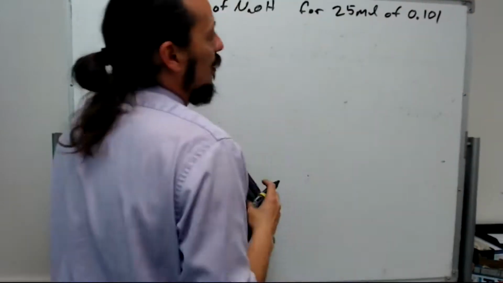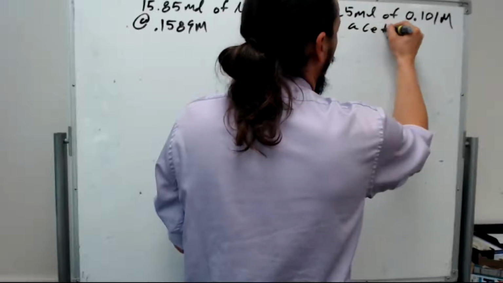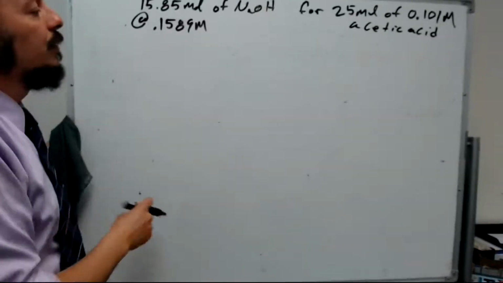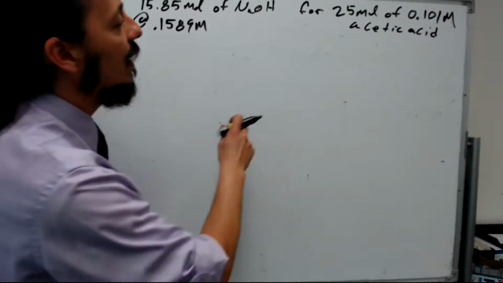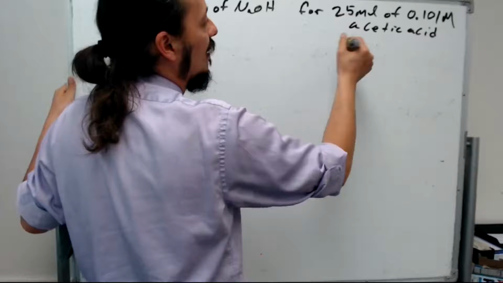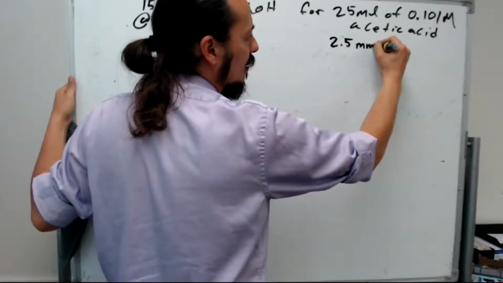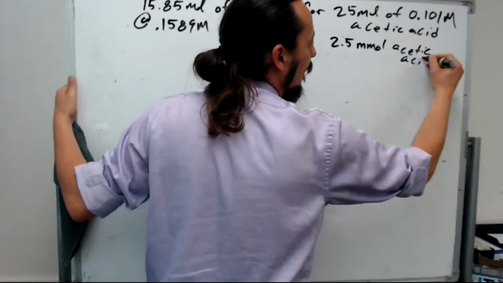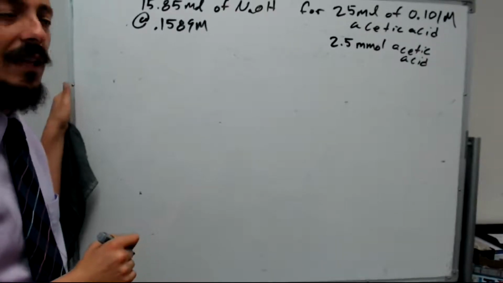We'll call it 0.101 molarity. So 25 times 0.101 gives me 2.5 if I'm doing math correctly. Approximately 2.5 millimoles of acetic acid.